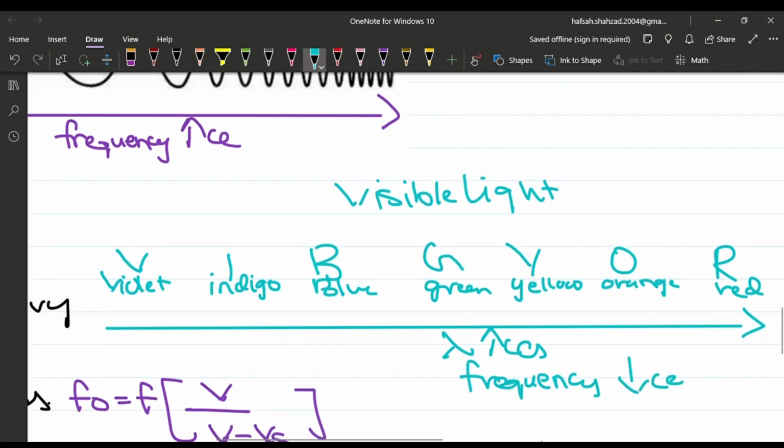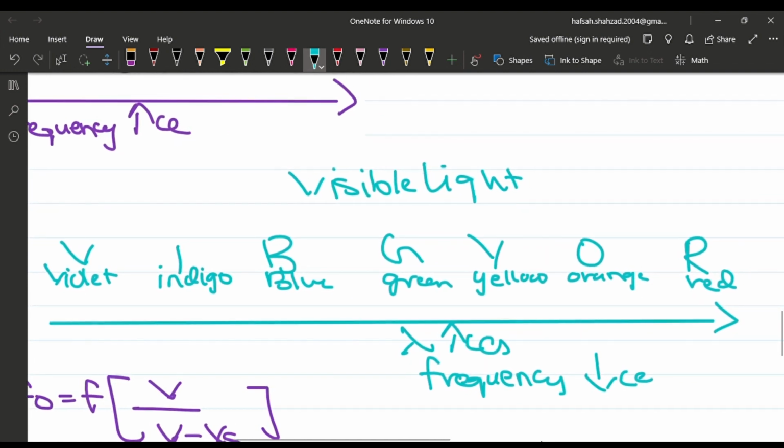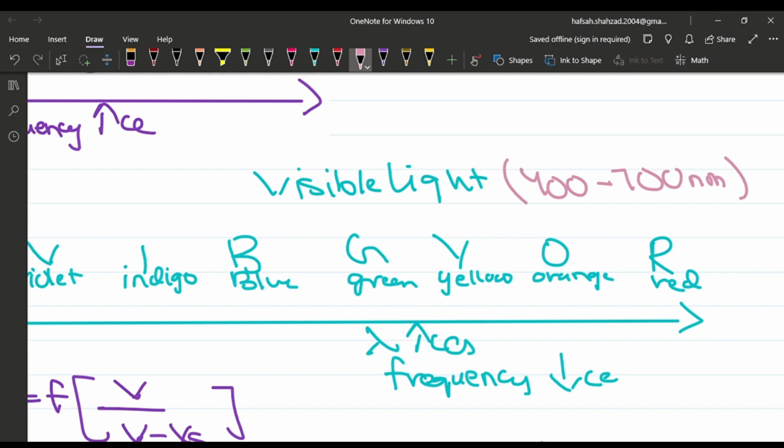The range of wavelength of visible light is from 400 to 700 nanometer. Now you just need to remember this particular value, which is by the way fixed. It's 400 to 700 nanometer.